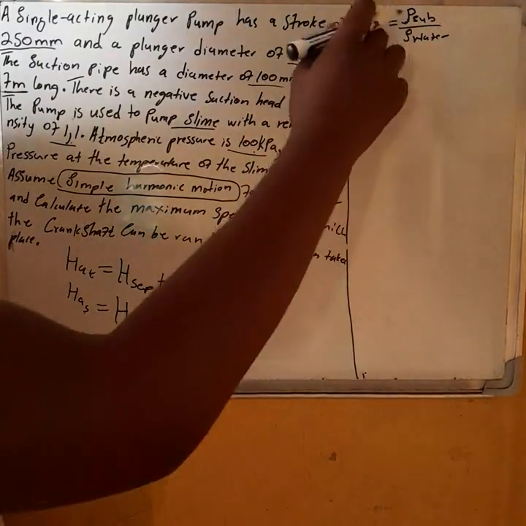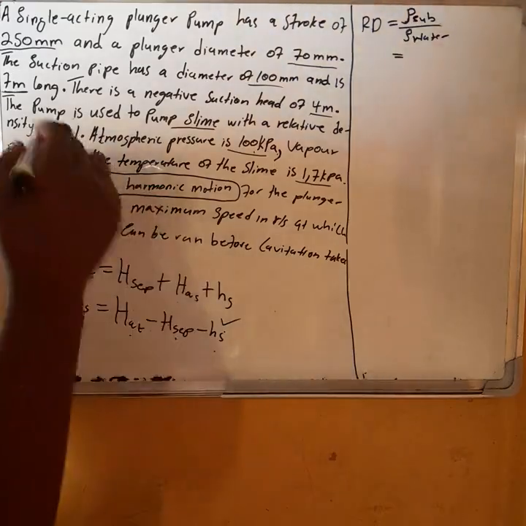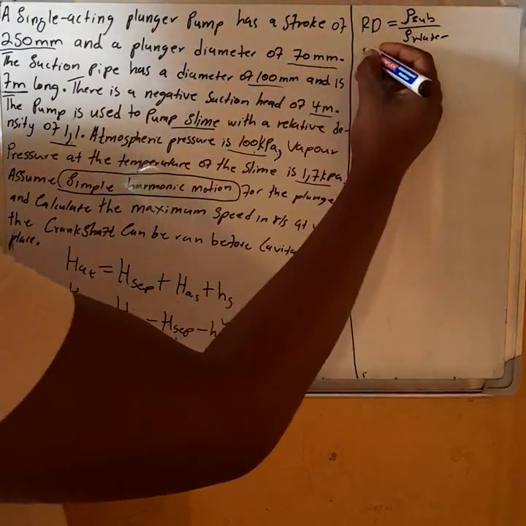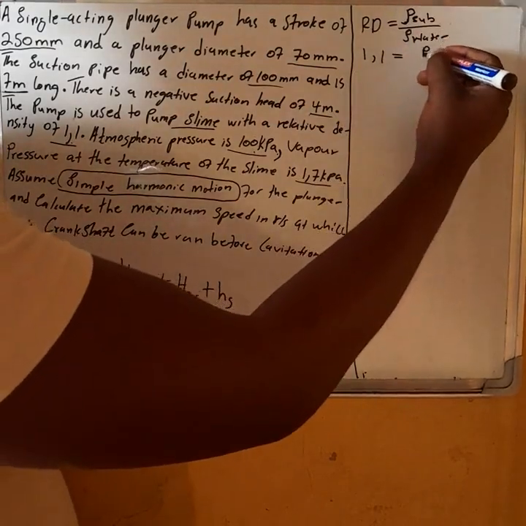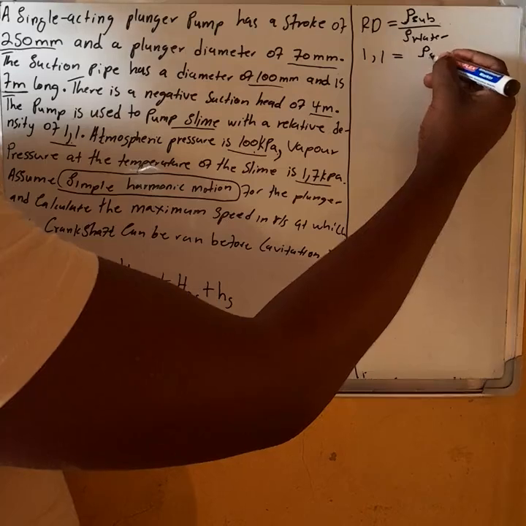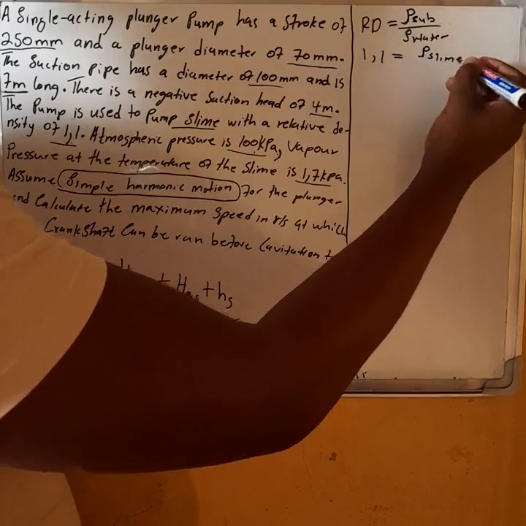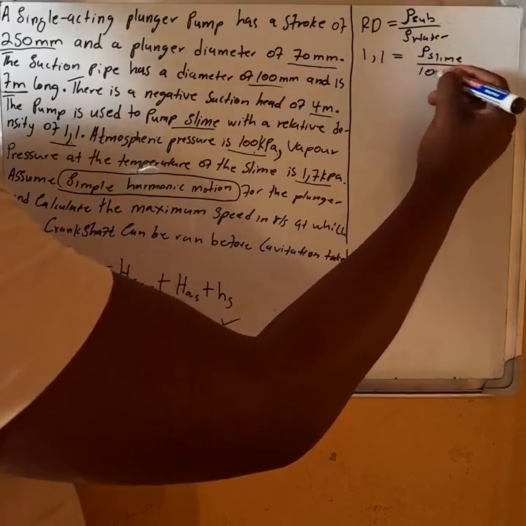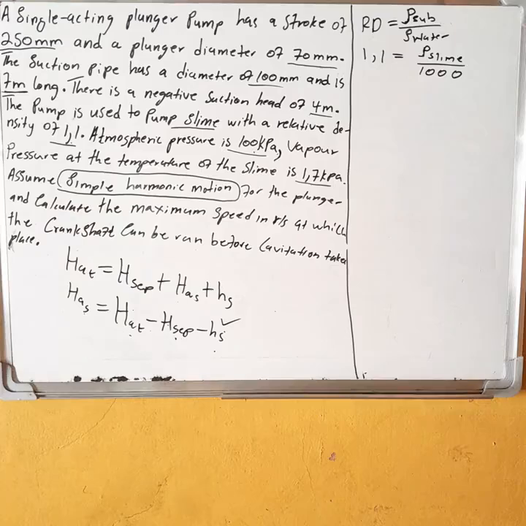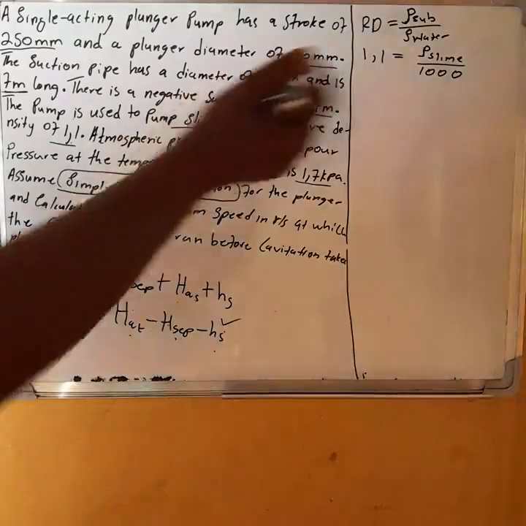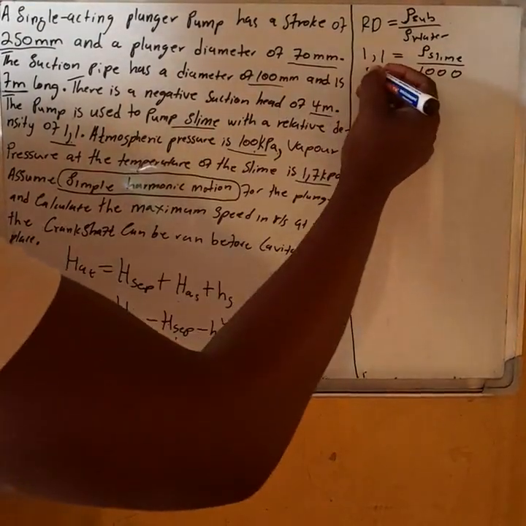Now let's substitute. The relative density they've given us is 1.1. We put 1.1. Rho of the substance is what we are looking for: density of lime over density of water, which is 1000, isn't it? Cross multiply that side.